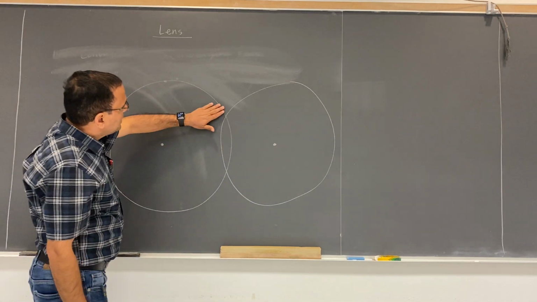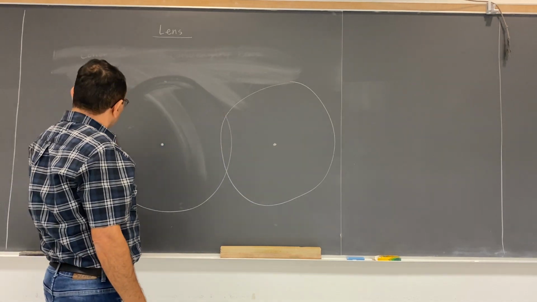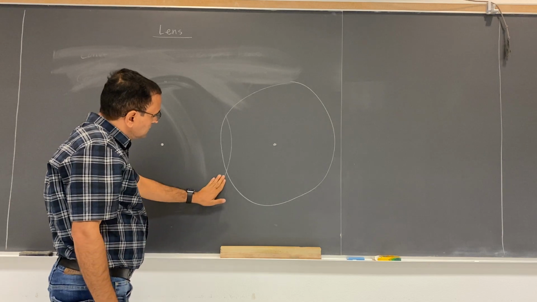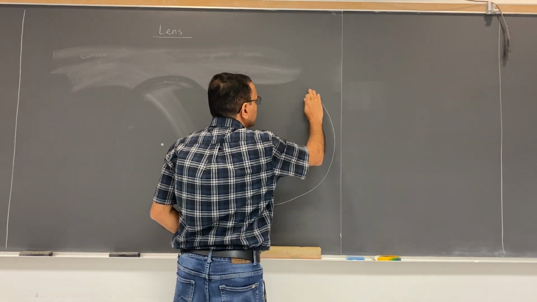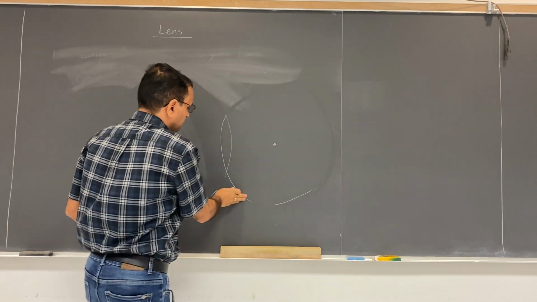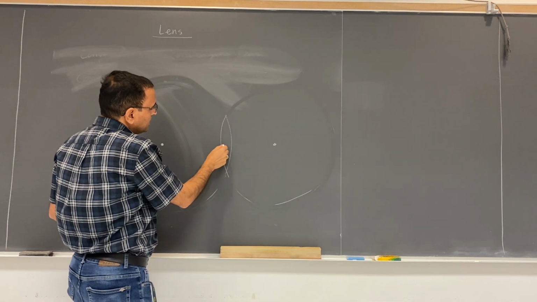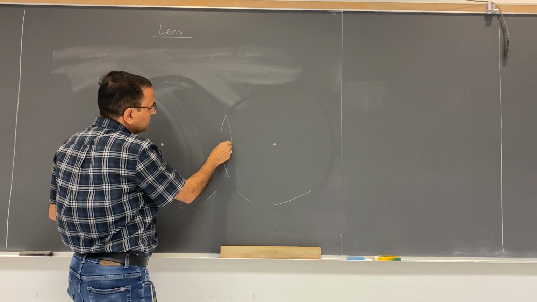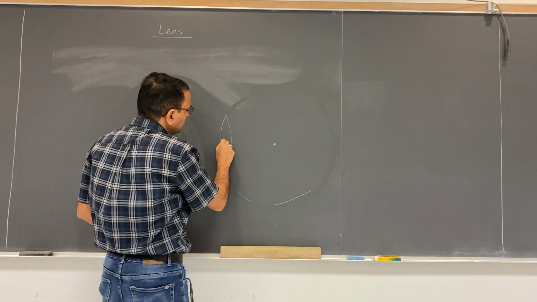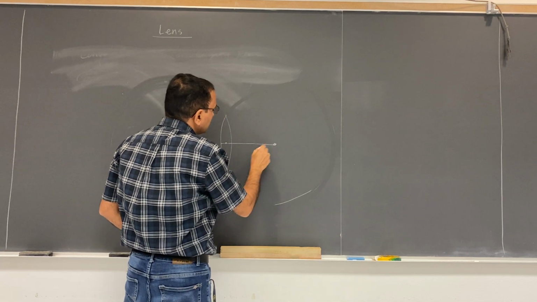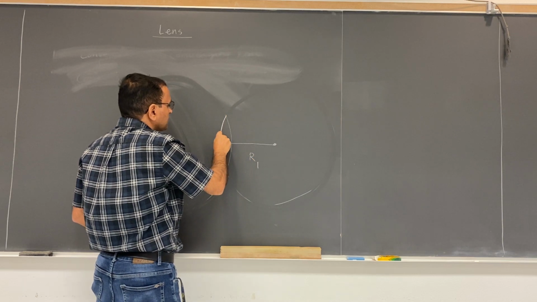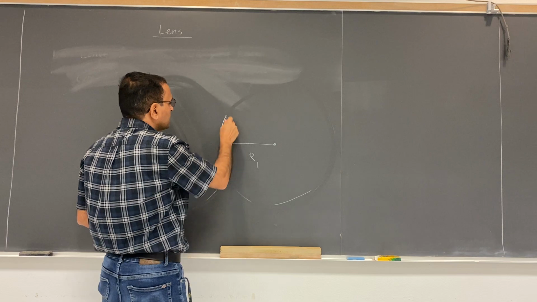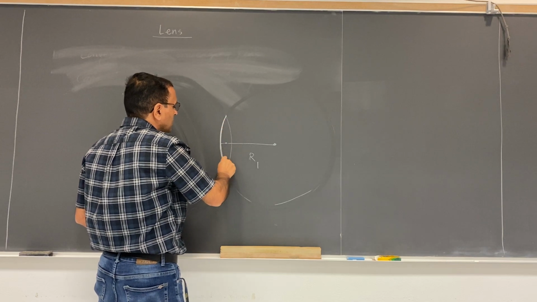Now if you erase this and if you erase this, right there, this is the center of the lens. Now if you join this, it is the radius of curvature of this surface. You can call it surface 1.